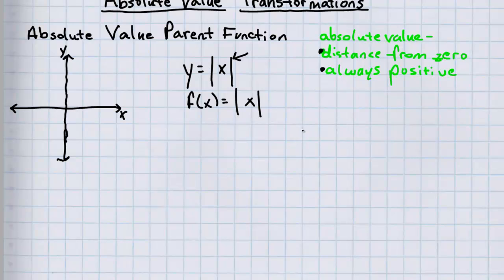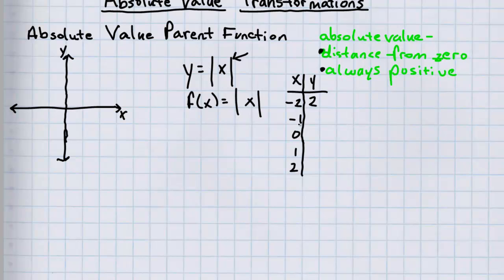Now let's find some points to graph. Always use some easy points, and the easiest points for this particular graph are -2 for x, -1, 0, 1, and 2. So the absolute value of -2 will be +2 because it will always be positive when we evaluate the absolute value.